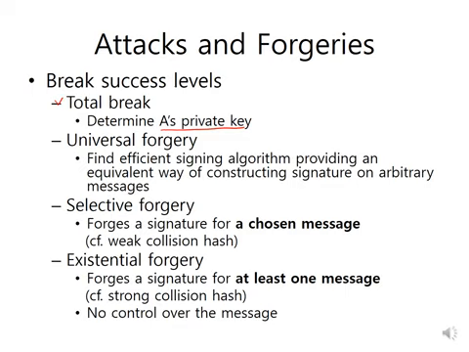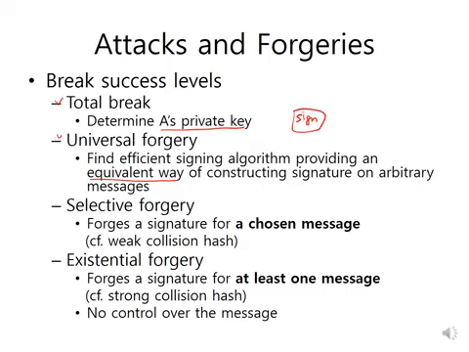And then universal forgery. In this case, the adversary can find an efficient alternative signing algorithm that provides an equivalent way of constructing signatures on arbitrary messages. Let's suppose there is the original sign algorithm here.